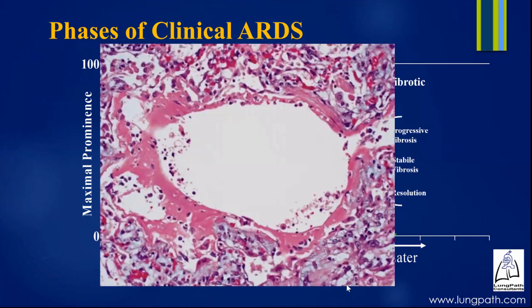The later hyaline membranes become thicker and more congealed, denser, and they have cells within the membranes, but the alveolar spaces are still relatively open. Note the interstitium, though, is getting cellular with these myxoid appearing fibroblasts.